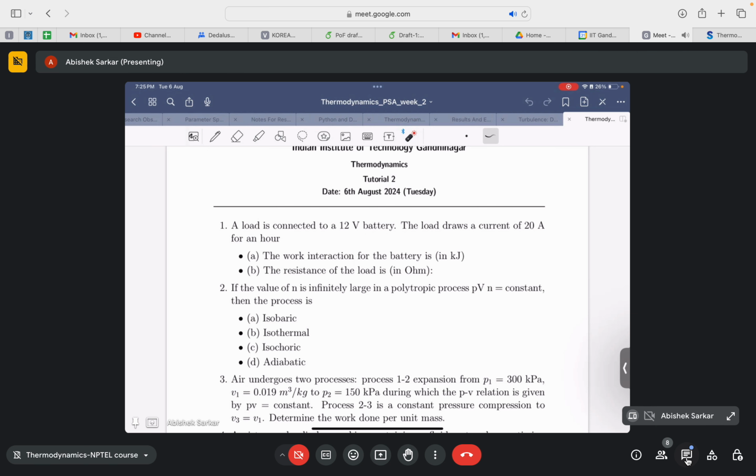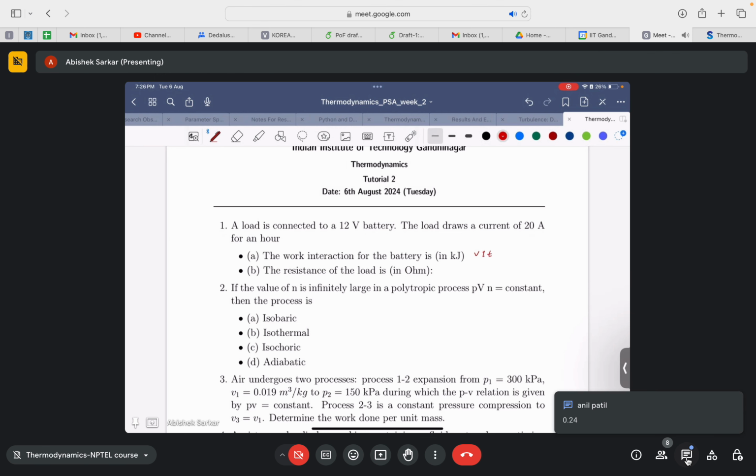Very simple question. Just use, so here you are given V, you are given I, and also given T. So in kilojoules.